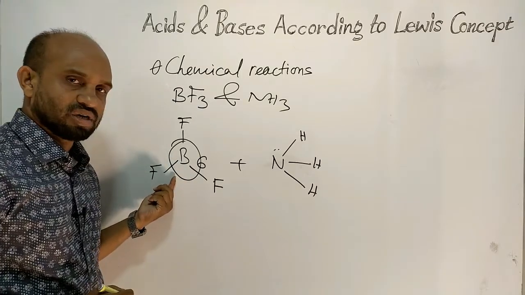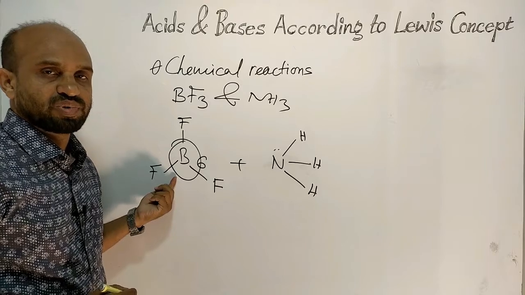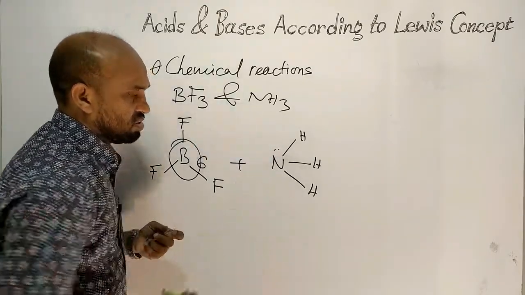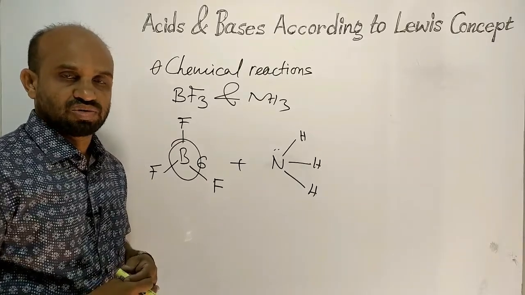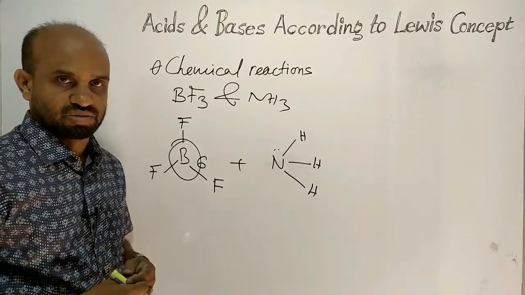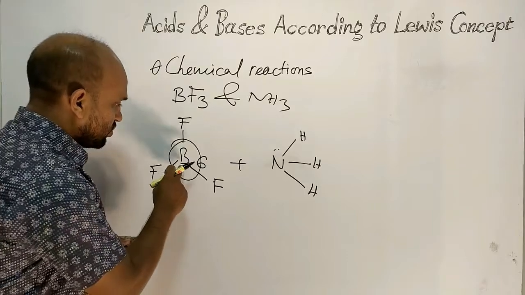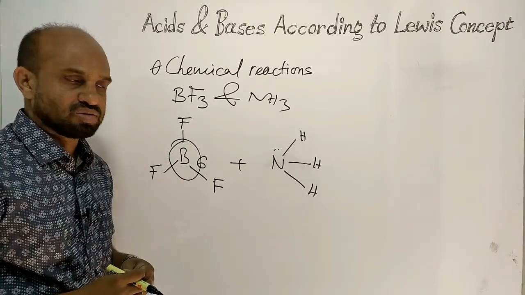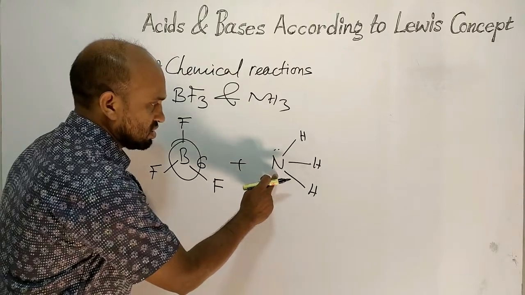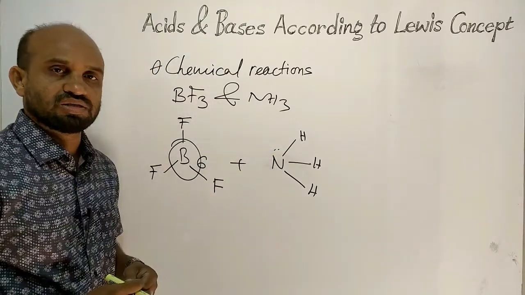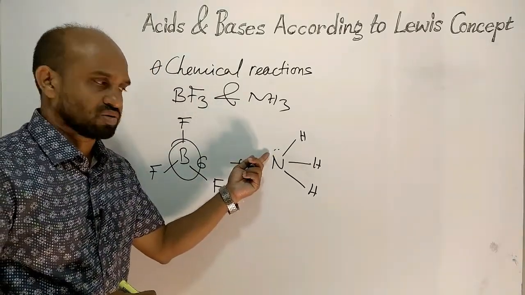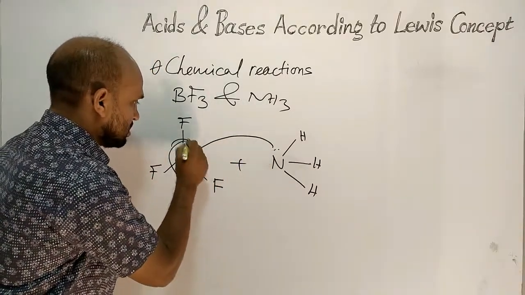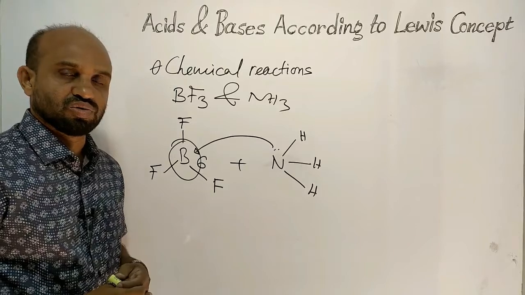It has desire for another pair of electrons, and nitrogen has one pair of electrons, which is a free pair of electrons. So boron tries to accept one pair of electrons, and nitrogen can donate this lone pair of electrons. So here it donates electrons to boron.